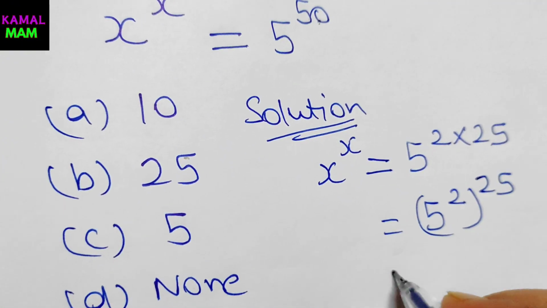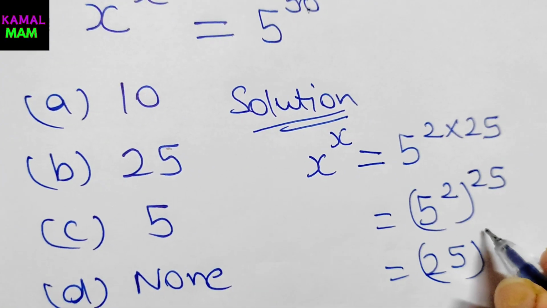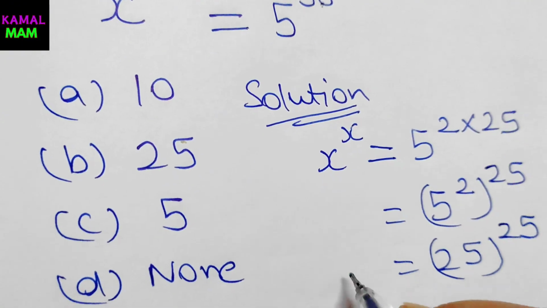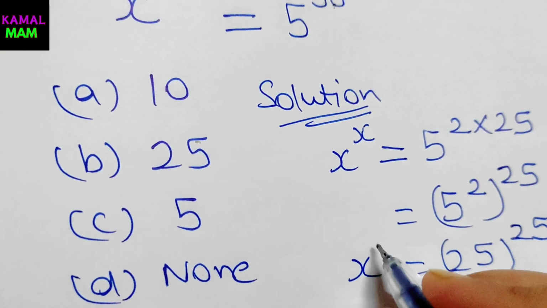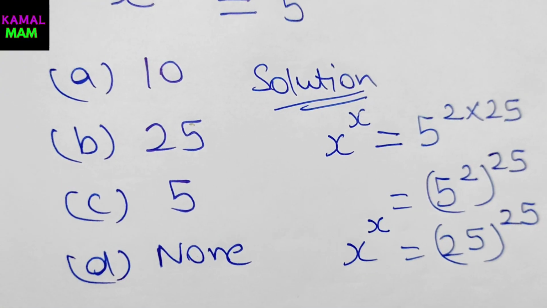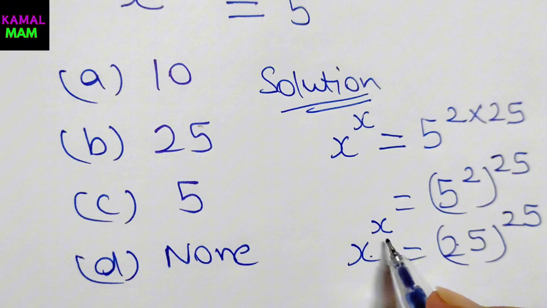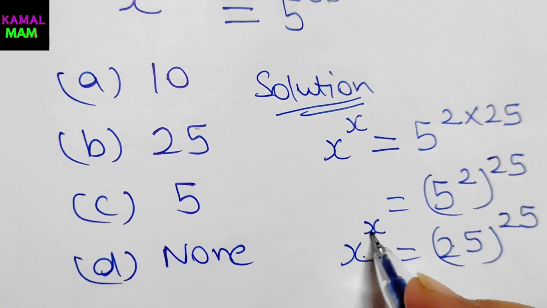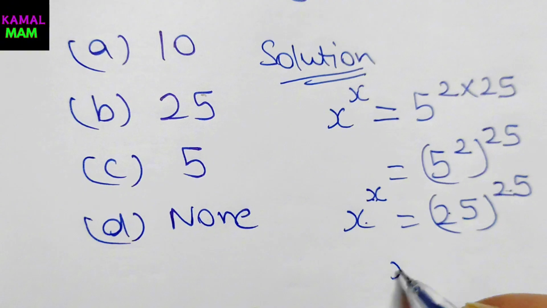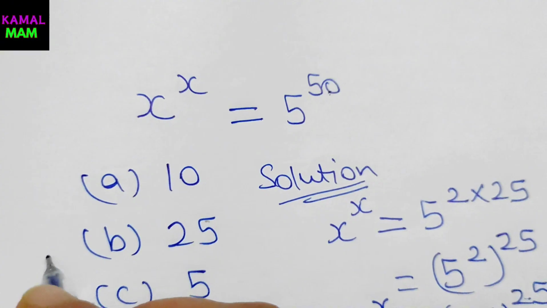Okay, so 5 into 5 is 25, so its exponent will be 25. So on this side it will become the same, x raised to power x. So finally from this we get the value of x, that is x is equal to 25, which is our final answer, that is this one.